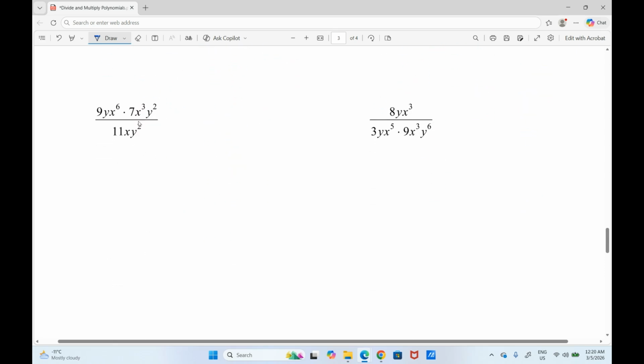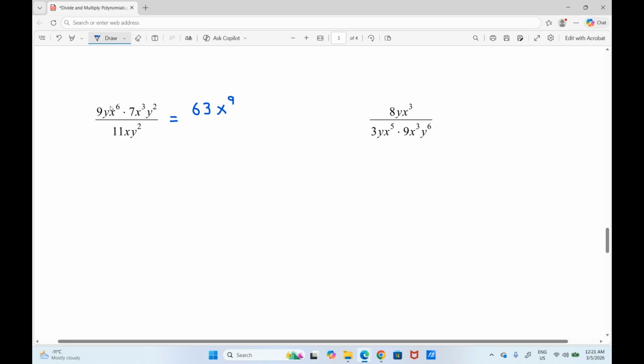moving on, let's go ahead and solve for these two. So let's solve for the top first. Let's try to simplify that. 9 times 7, I can multiply the numbers together. That would get me 63. Y times y to the exponent, or let's do x first. X to the exponent of 6 times x to the exponent of 3 is just going to be x to the exponent of 9.